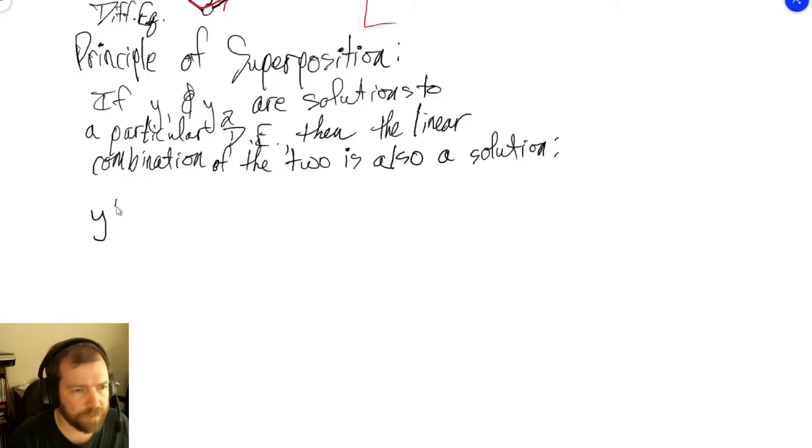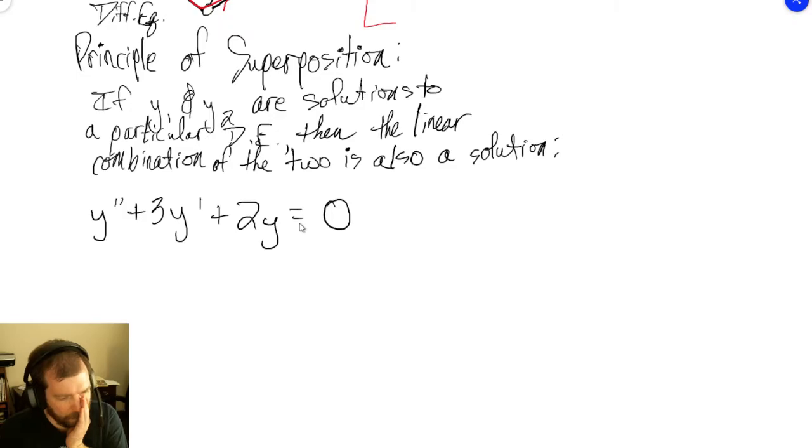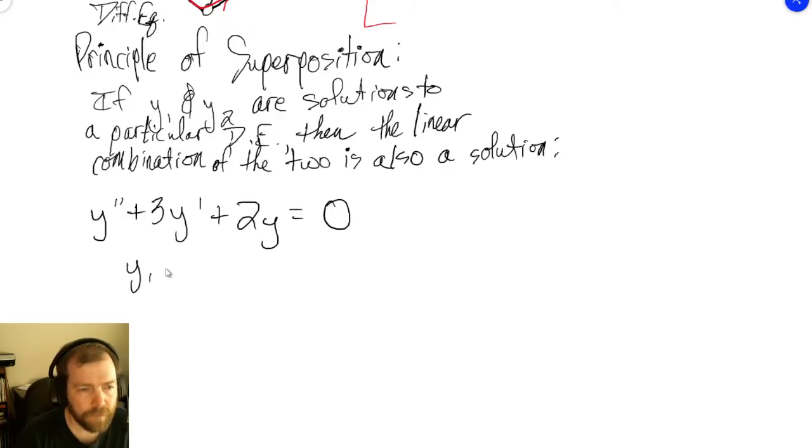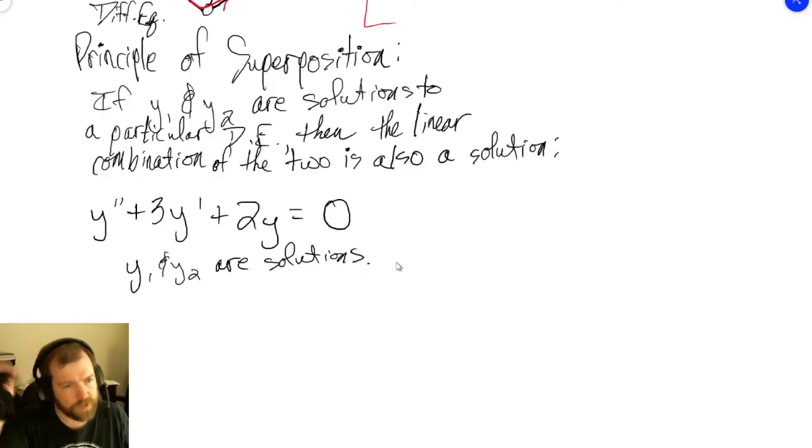For example, if we have y double prime plus 3y prime plus 2y equals 0, then we have two particular solutions, y1 and y2, which are going to solve this equation.